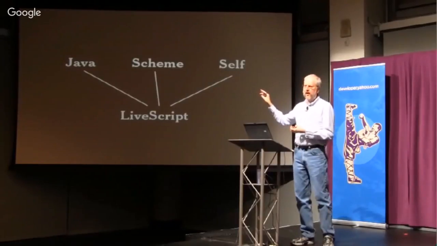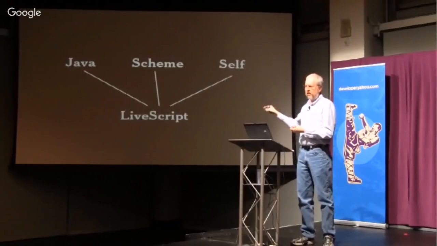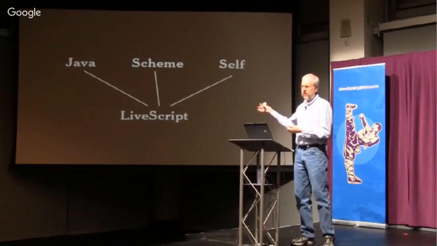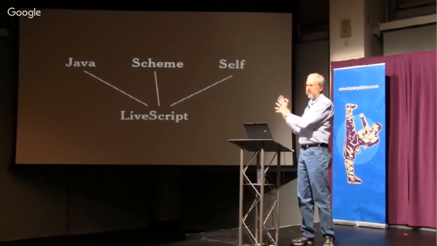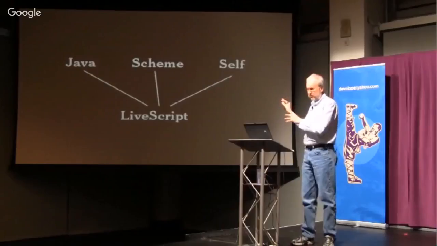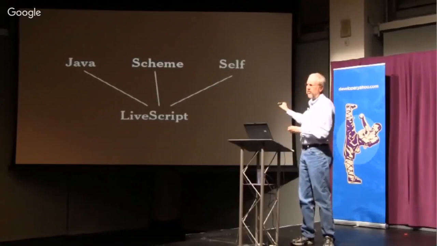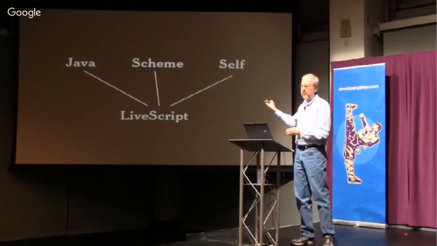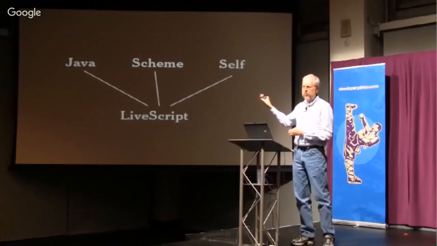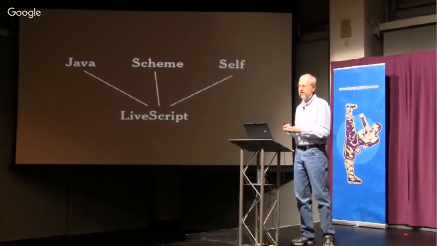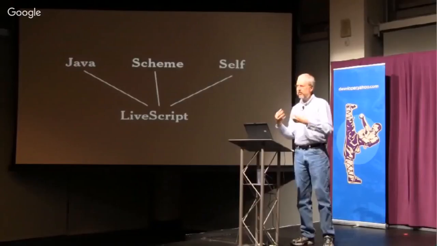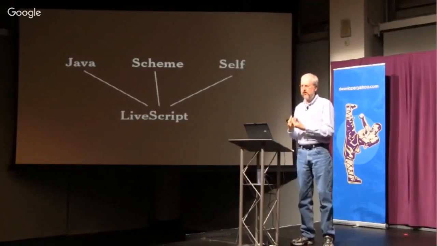Scheme was a dialect of Lisp, which was inspired by Carl Hewitt's actor model. A brilliant language, probably the best implementation of functions in any language we've ever seen. Self was a brilliant language that came out of Xerox PARC originally. It was taking Smalltalk and stripping it down to a simpler language in order to make it go faster. And in making it simpler, they actually made it profoundly better.